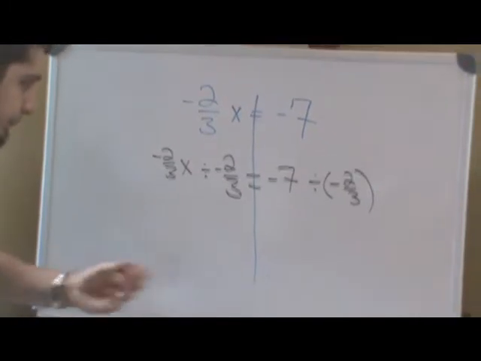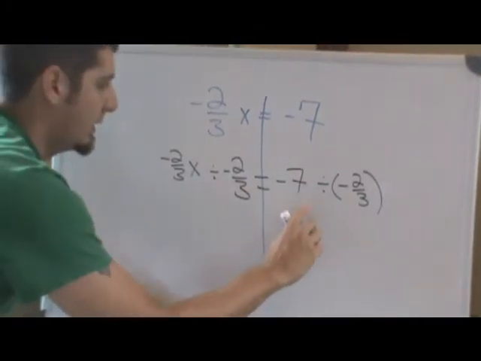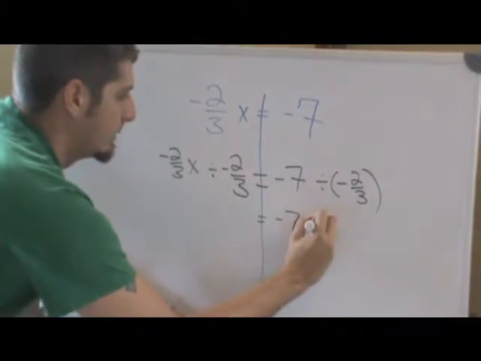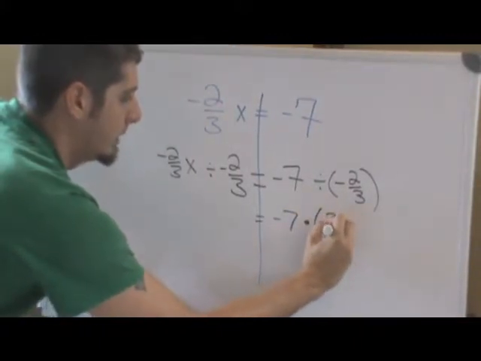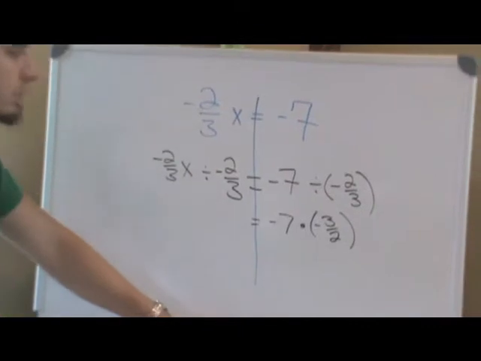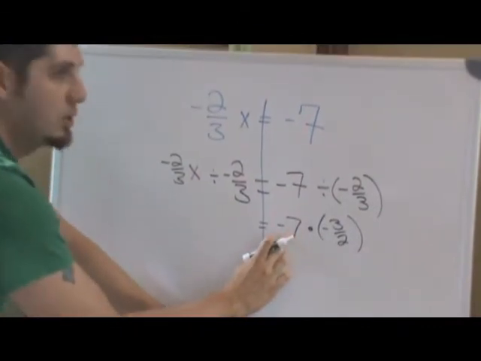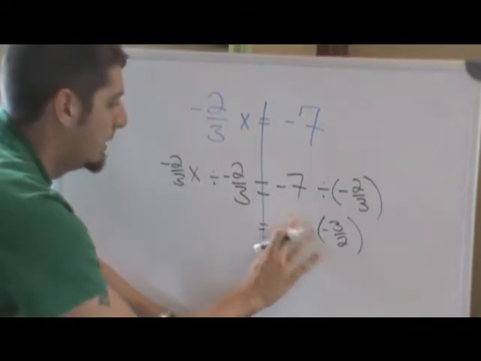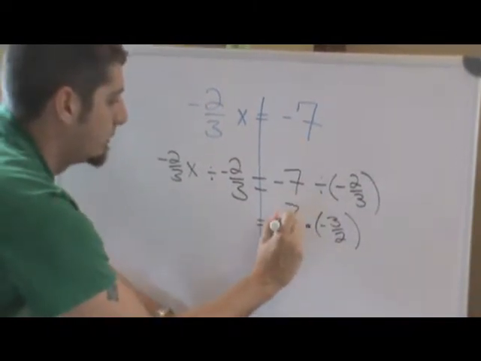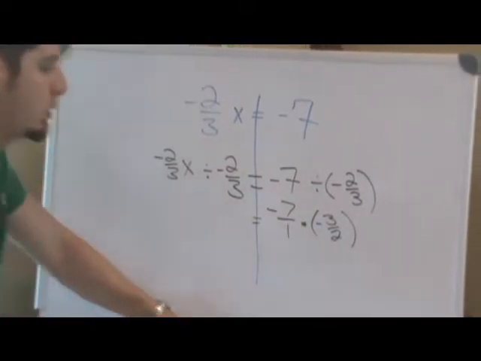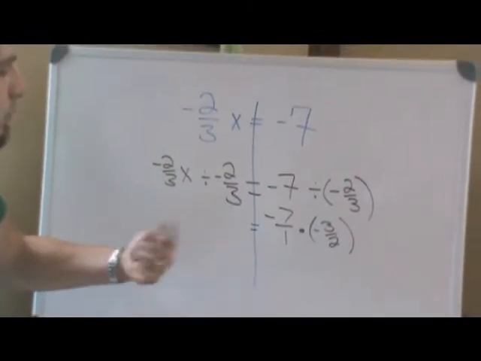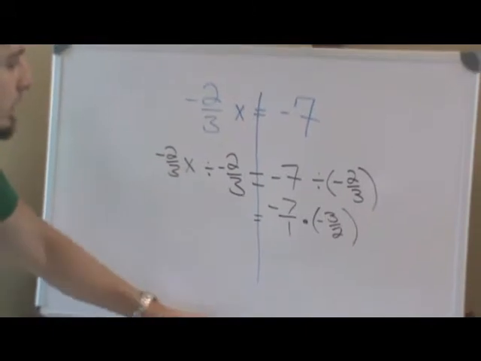So, on the right side, we would end up with negative 7 times negative 3/2. What we want to do with our negative 7 is turn it into negative 7/1, because we want it in fraction form. Anytime you want to turn a whole number, whether negative or positive, into a fraction, you put it over 1.